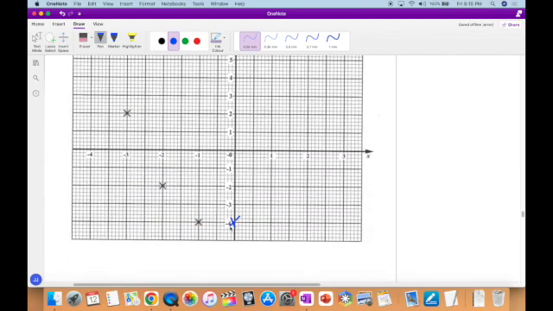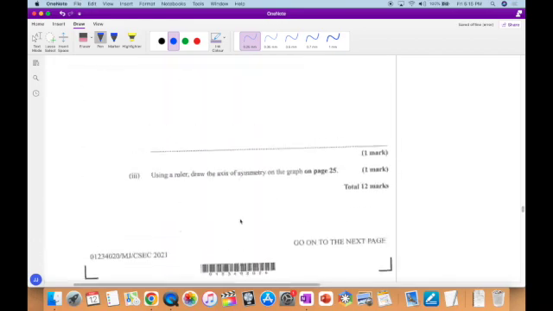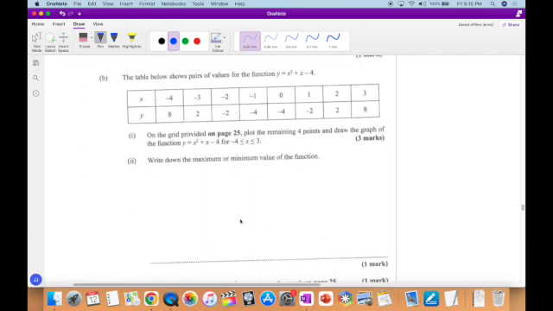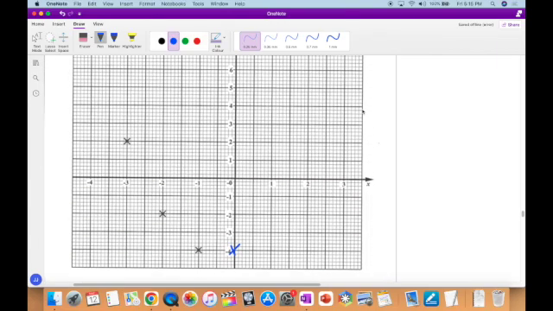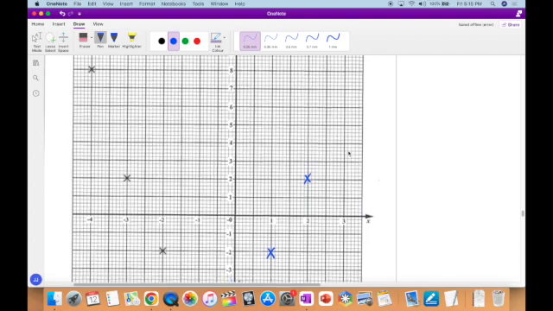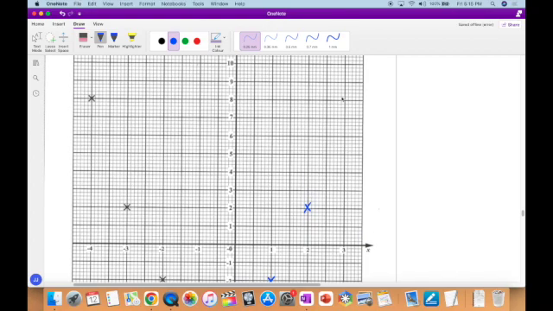So that'll be there. When x is 1, we have negative 2. When x is 2, we have 2. And when x is 3, we have 8.